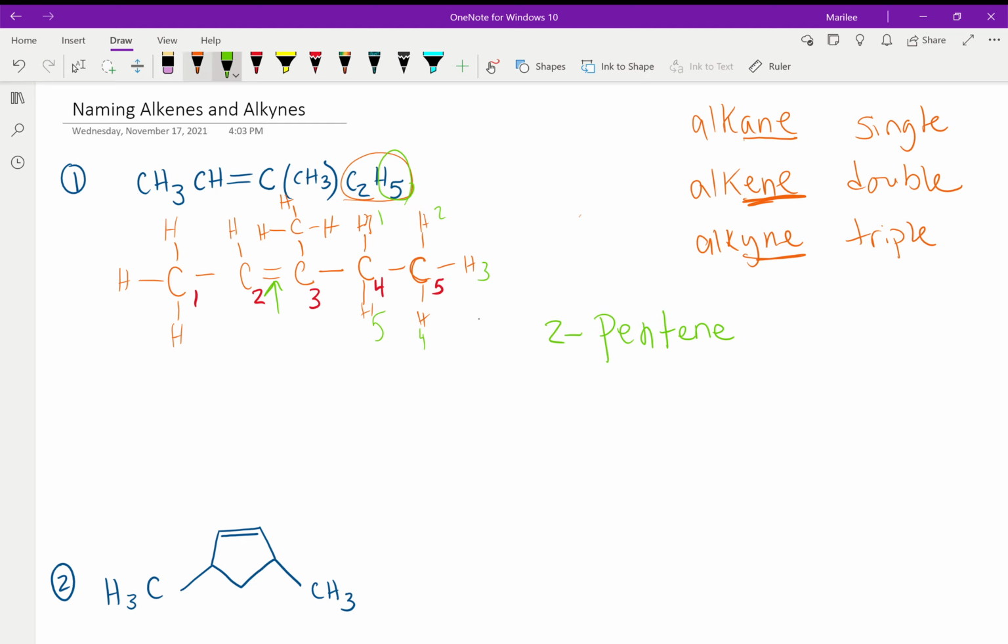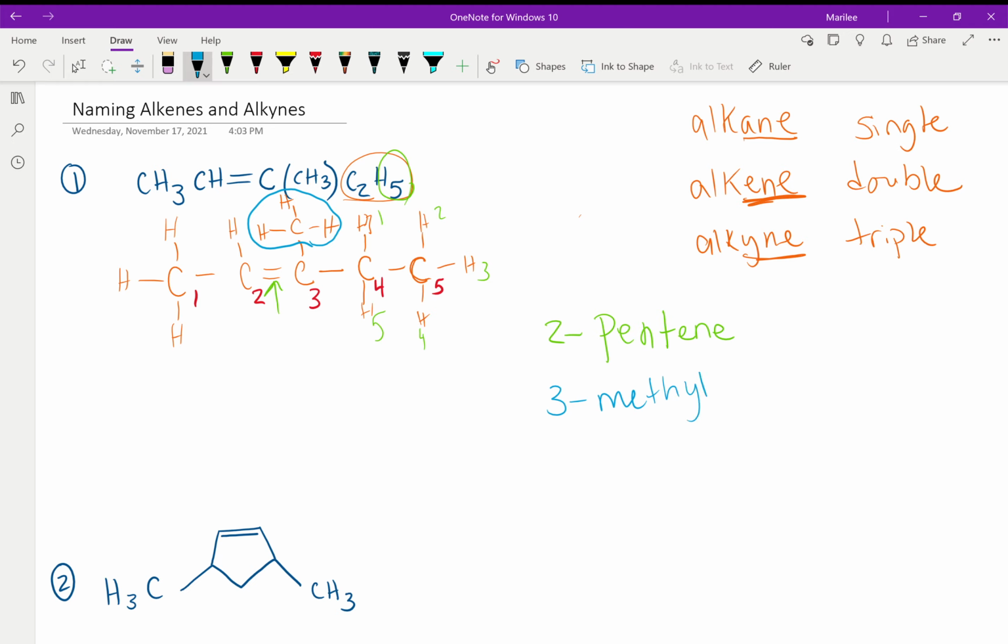Next, let me pick another color here. We have our methyl group here. Where is our methyl group? It's at carbon 3. So at carbon 3 we have a methyl.